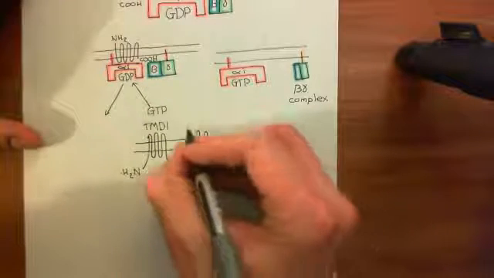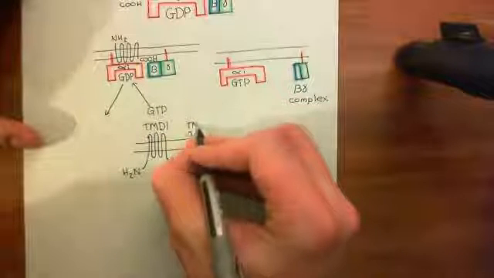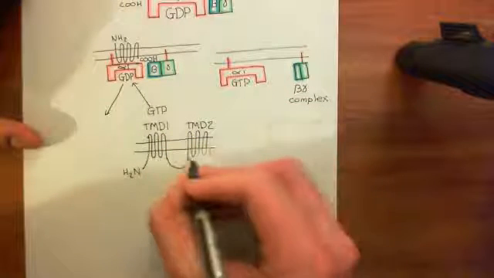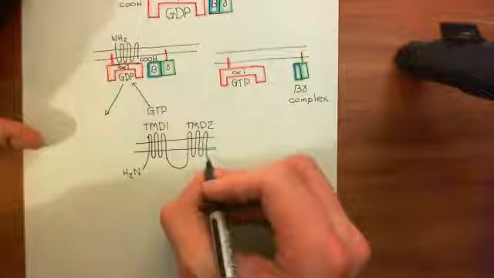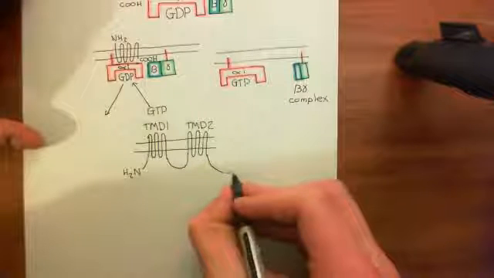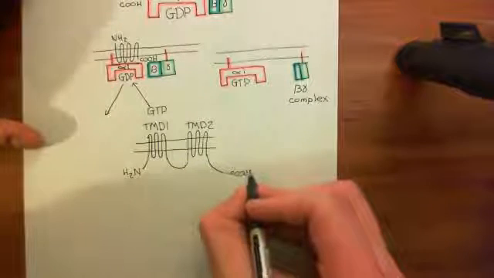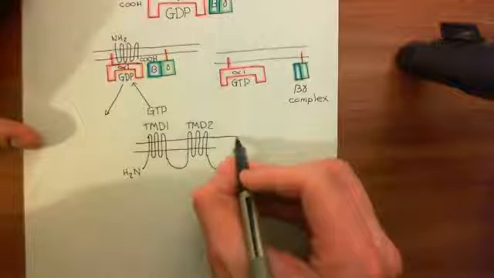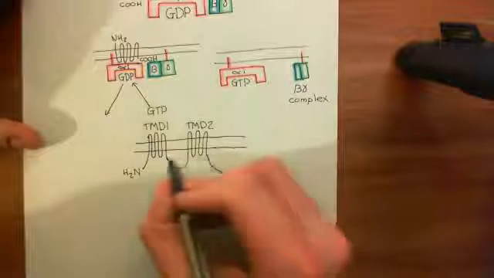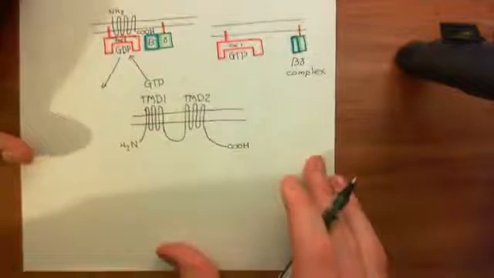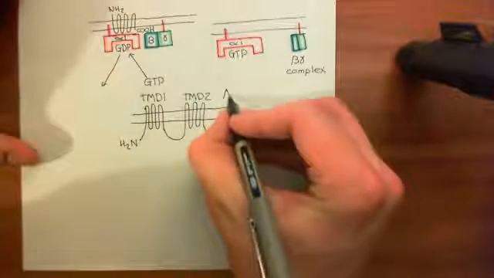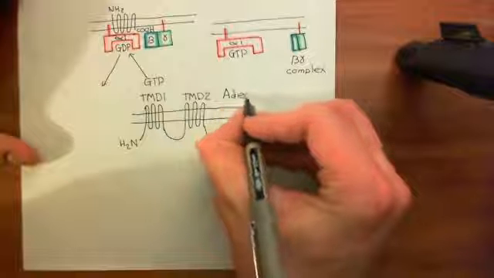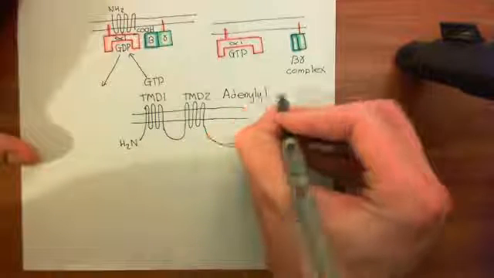And then finally you end up with a little tail called the C-terminal tail, with the carboxylic acid group of the polypeptide on the cytoplasmic side. So this is an adenylyl cyclase enzyme.